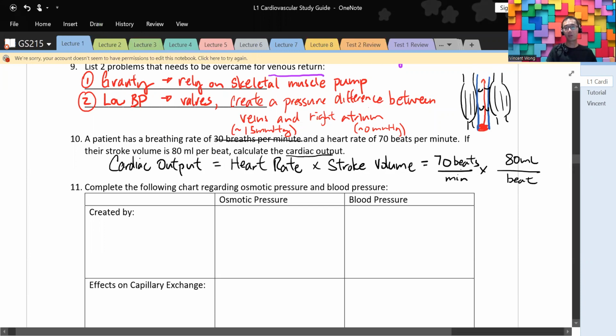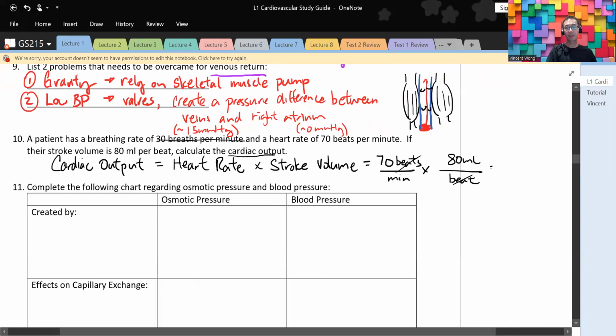Okay, so we can go ahead and cross out the beats here. 70 times 80, that is 5600 milliliters per minute. Okay, so to convert this into liters, you divide it by 1,000. So that's 5.6 liters per minute. That would be the cardiac output.